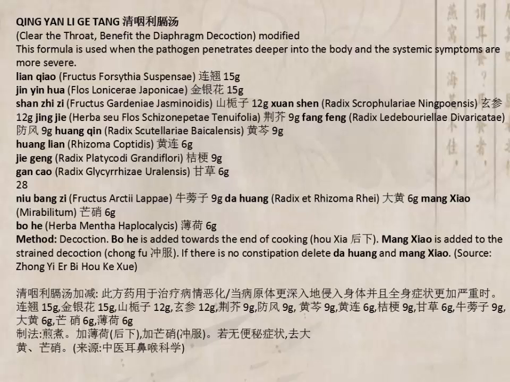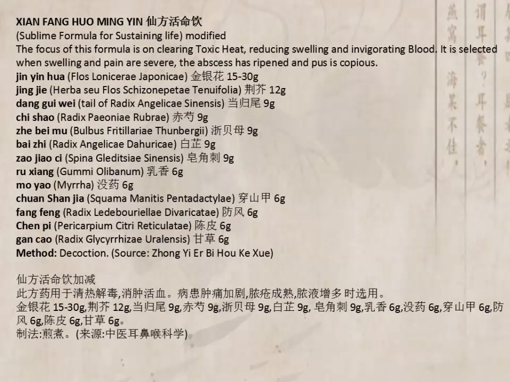Da Cheng Qi, right? Da Cheng Qi Tang, for clearing and purging the heat through the bowels. This formula uses some element of that, but then also some element focusing on the throat. Clear? Clear as mud. Good.